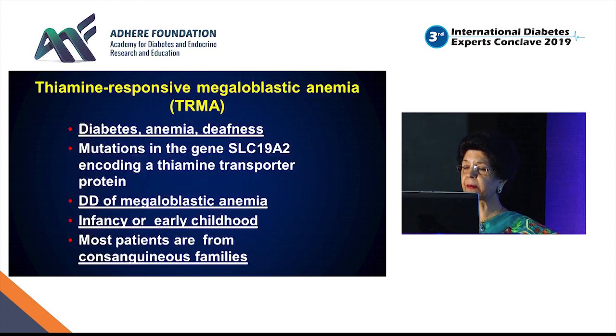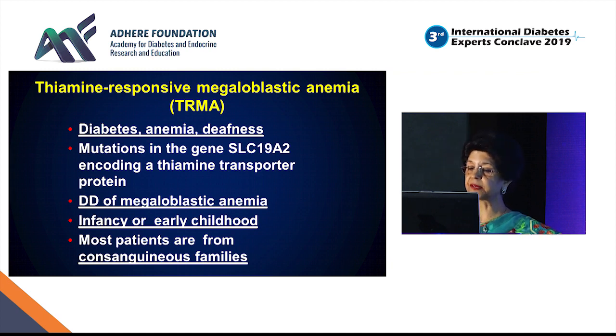So coming to some of the diseases which I will try to address amongst the multifaceted causes, this is an important but a rare entity which you should be aware of. If your patient has a megaloblastic anemia, this should be considered. The patient will also have associated deafness.